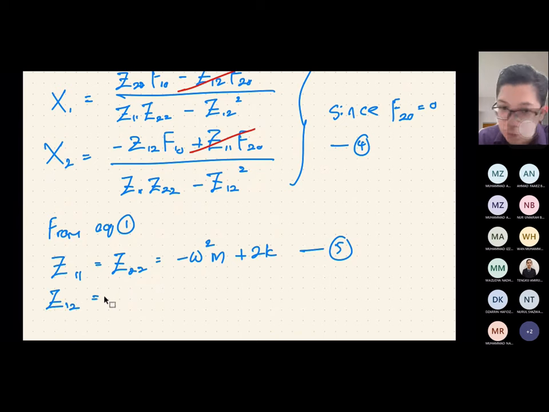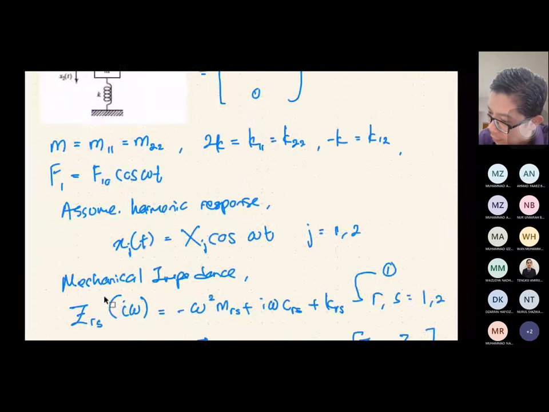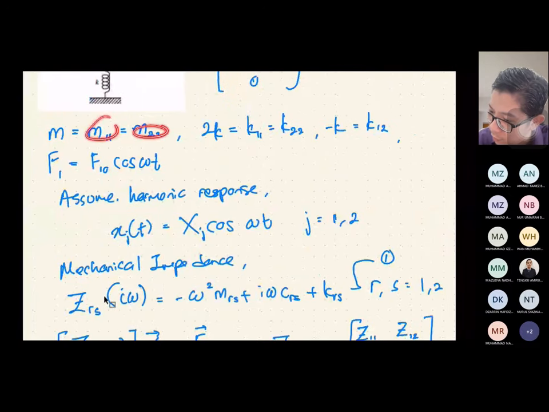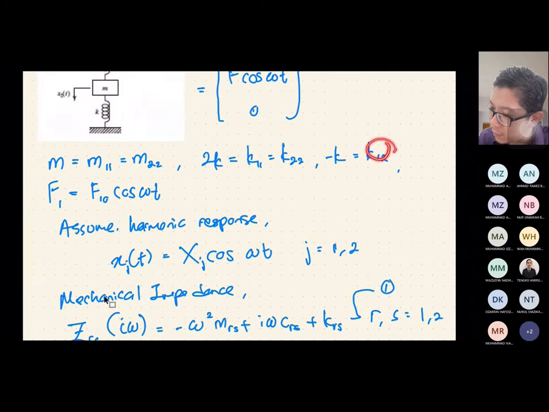Okay. So Z12 is another one, so the first one is for 11 and 22. Okay. So kat sini we define M11 and M22, M, K11 K22 is 2K. So another one is K12.